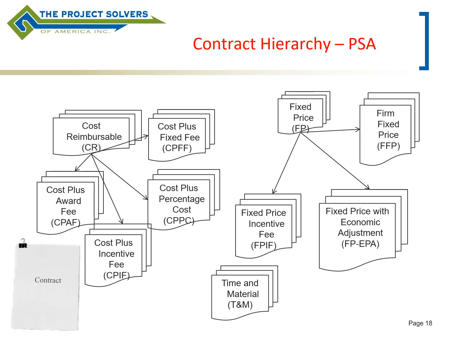So for the cost reimbursable contracts, you've got cost plus fixed fee, cost plus percentage of cost, cost plus incentive fee, and cost plus award fee. Then for fixed price, you've got firm fixed price, fixed price with an incentive fee, and fixed price with an economic adjustment. Then, of course, on top of that, you've got time and materials and purchase orders.